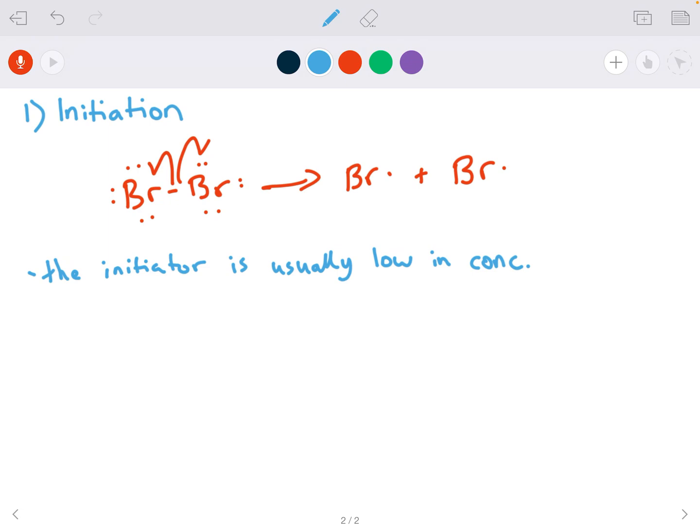It's almost like a catalyst, though it's not a catalyst, but you need low concentrations of the initiator, which is the monoatomic bromine, to start that chain reaction. And then once that chain reaction begins, you have the propagation phase.